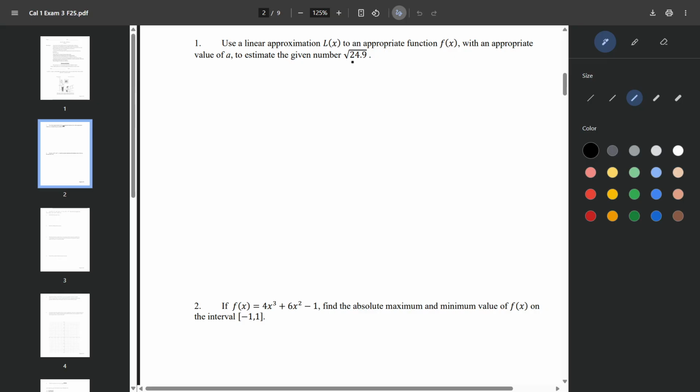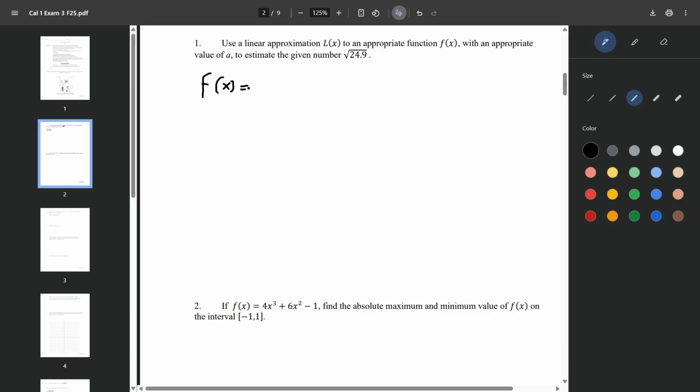And the easiest way to do that is get the closest number where this can be an easy way to solve for the root. So our given function is root x, because that is what our equation is.